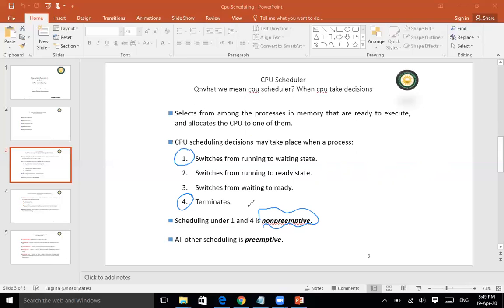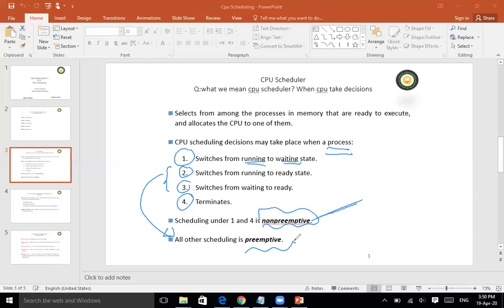But in the other cases, because here we have 4 cases, 1, 2, 3, 4: if the process is switching from running to waiting, or if the process terminates, we call this non-preemptive. Except for that, case 2 and case 3 are both preemptive.